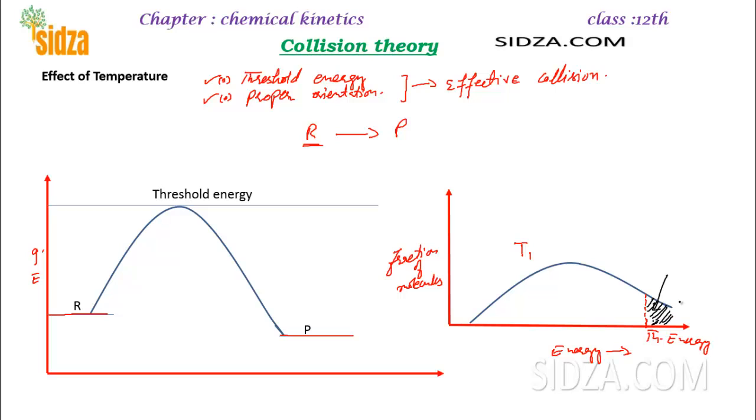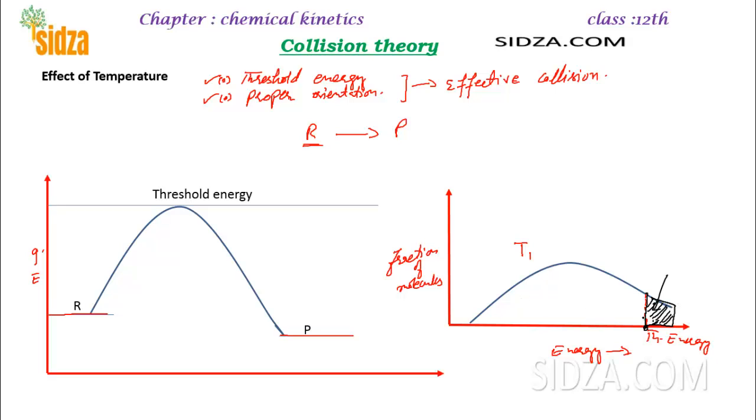So basically these are the molecules that can form product, because only those molecules will be able to cross over the energy barrier. So when they collide, they will form the product.